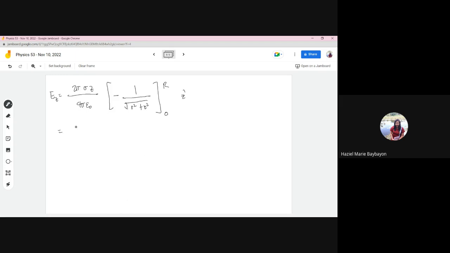So evaluating this, you have 2 pi sigma z, you have 4 pi epsilon naught, and then negative 1 over the square root of, ilisan lang nina to r diri o big R, r squared plus z squared, minus negative, so may siyang positive, minus negative 1 over the square root of 0 squared plus z squared.